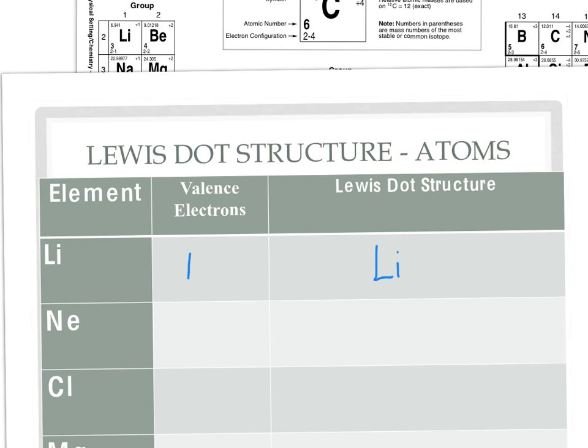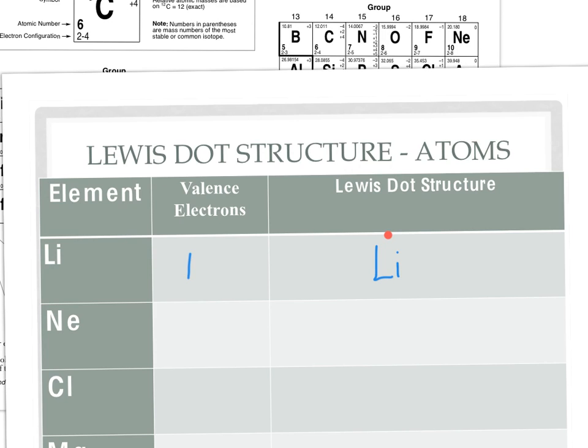Now remember that the maximum number of dots that can go around the symbol is 8, with 2 on each side. So in this case, since lithium only has 1 valence electron, we're going to start it off by putting 1 dot on top. And that is the Lewis-Dot structure for lithium.